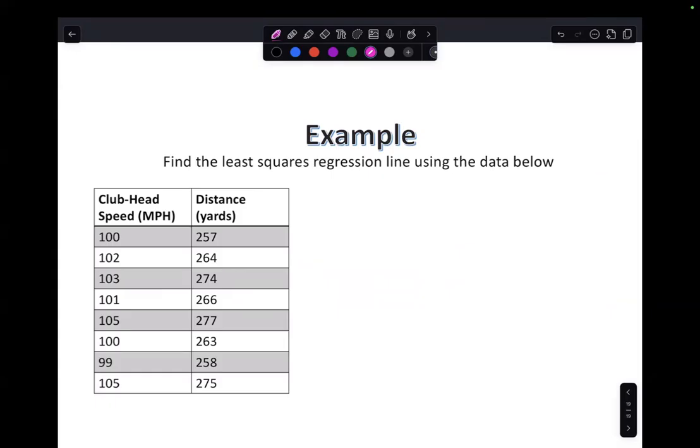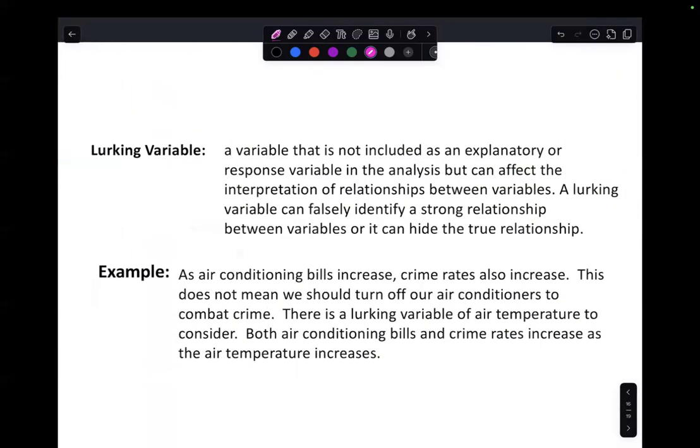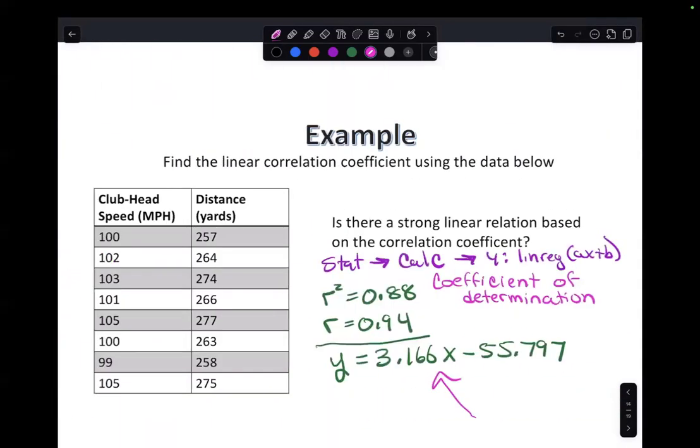I have a quick question. If it says find the least squares regression line, you actually put in the equation mx plus b, the whole equation for that answer? Yes. It would be this whole thing right here, this whole y equals all of that. That is the least squares regression line right there.